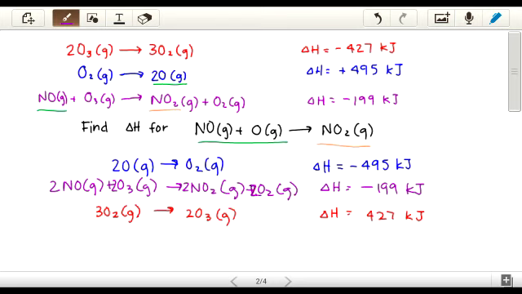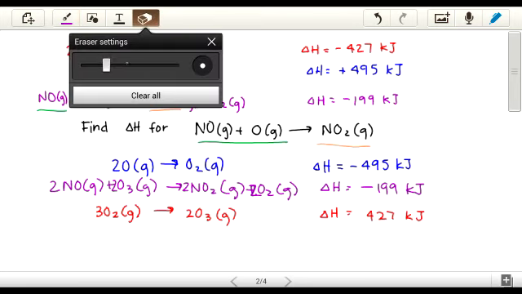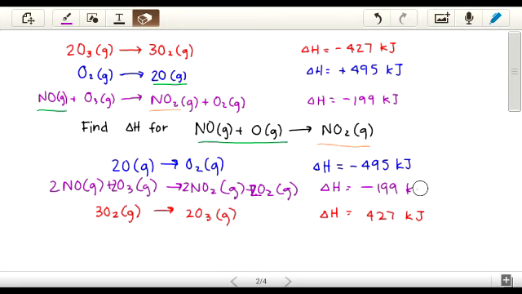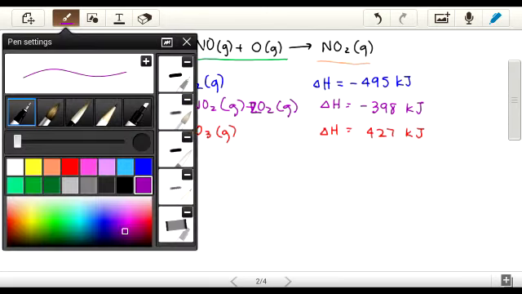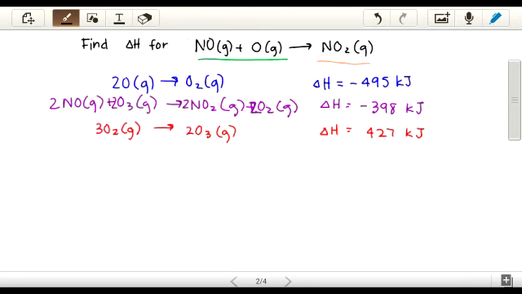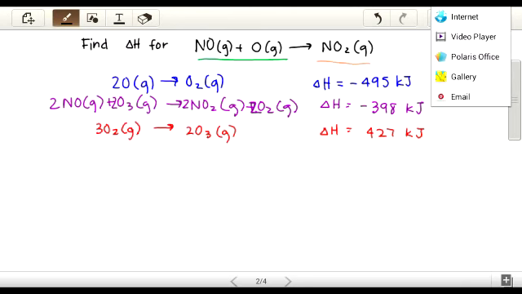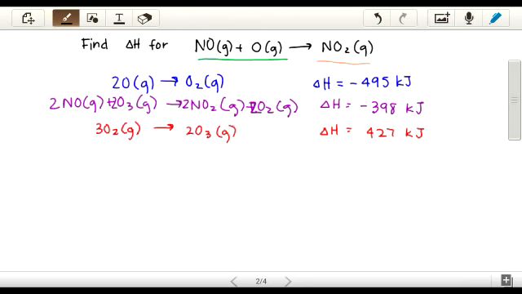And so the enthalpy change of that equation is no longer 199, but negative 398 kilojoules because you're going to have to multiply that number by 2. So now that I have those three equations in the correct orientations, I can cancel out what I have. So the 203 and the 203 will cancel.